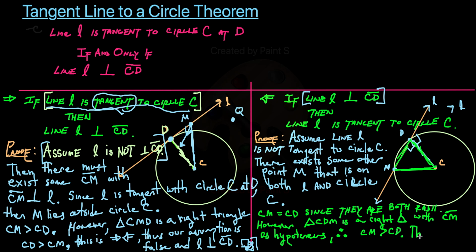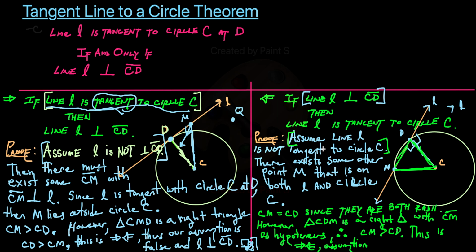This is a contradiction with the fact that these two were originally equal. This is a contradiction. And this contradiction arose due to my assumption. Therefore the assumption must be false.